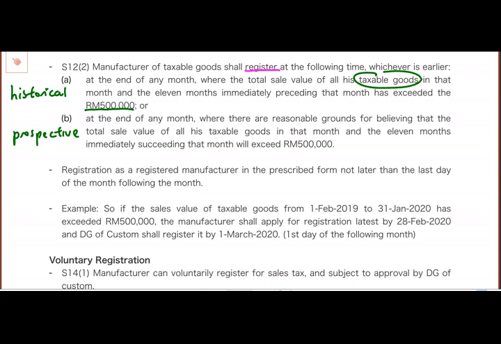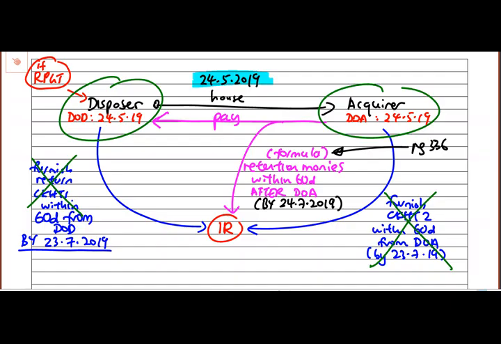Okay. Now, what are historical sales and prospective sales? If you are in that month, now I'm going to illustrate it. So if now you're looking at the month of, let's say, October 2019, that month is included.